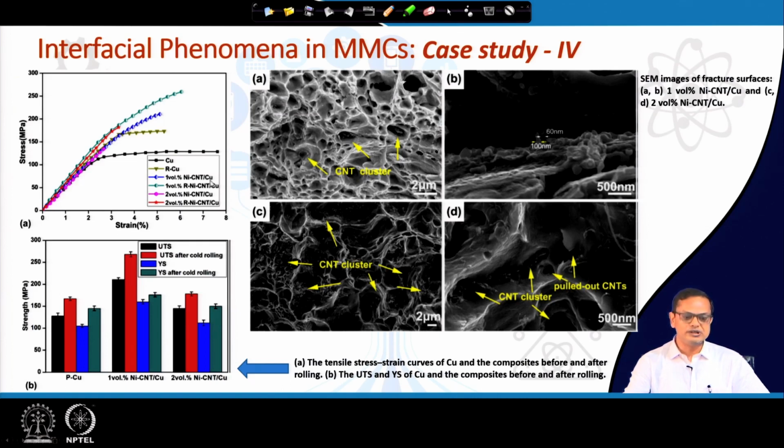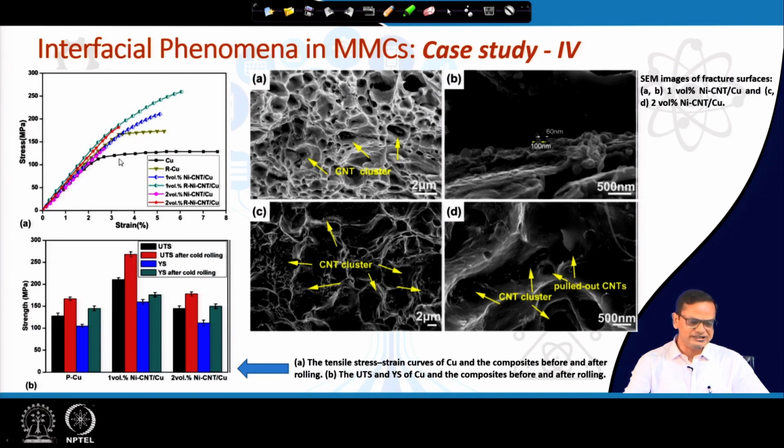The strength gets further increased in this green line. You can see when it is rolled. So, this one is sintered only with CNT. Now, this one is sintered plus rolled with CNT, right. Once it is rolled, obviously that leads to more increase in strength because of higher densification.